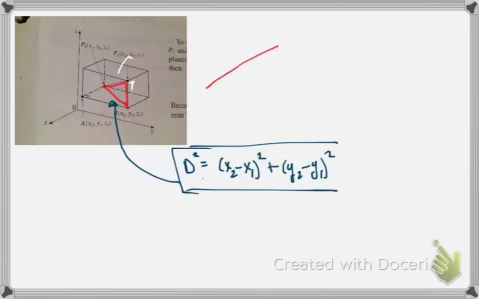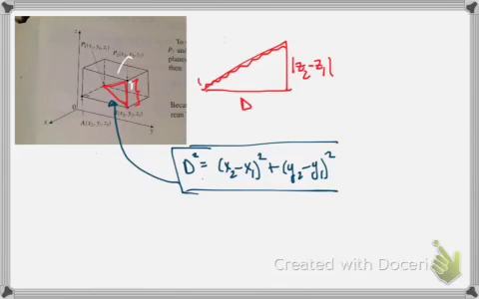Okay? And I'm going to construct it over here. And remember, this is the real distance we're looking for, the distance between P1 and P2. So we just found this right there is d. And we can see from our picture that this distance right here is just the difference in the z's, so it is z2 minus z1.